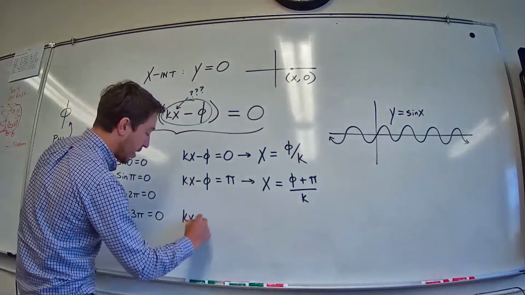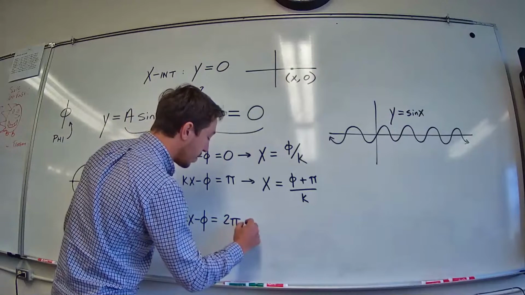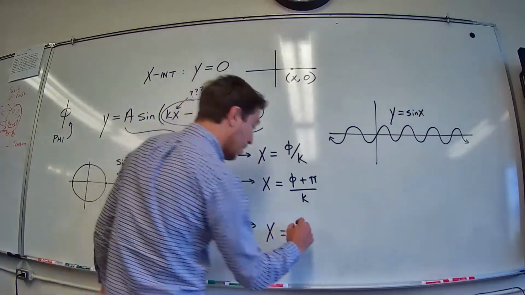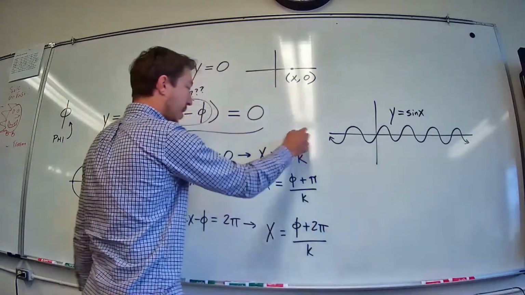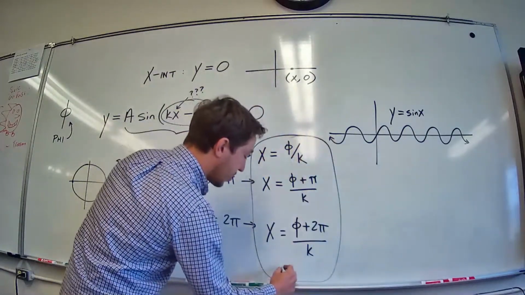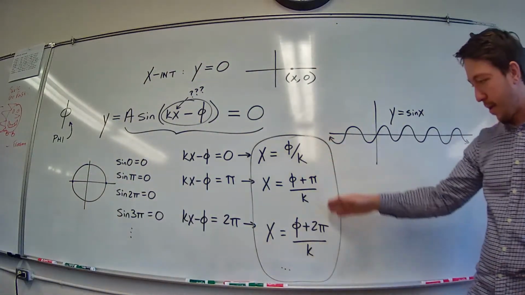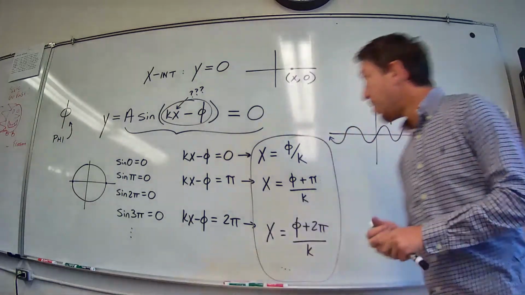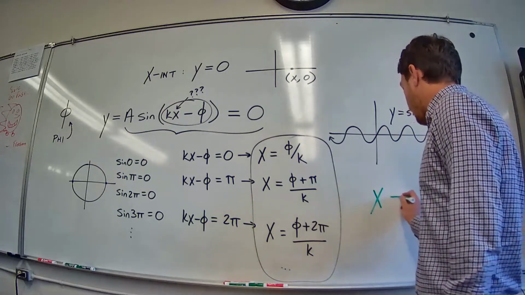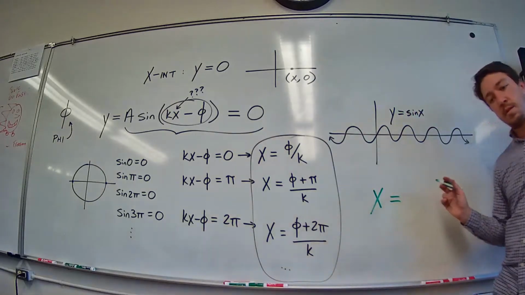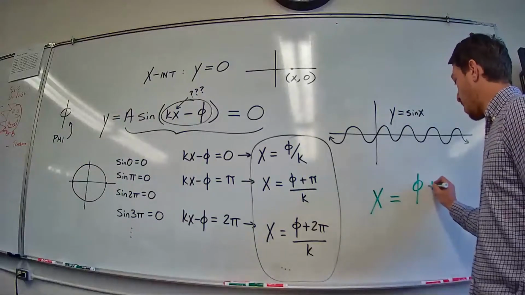What if you had kx minus phi equal 2 pi? Very good. And so this is a pretty nice way of writing the answer, dot, dot, dot. We can see the pattern, hopefully. If you wanted to just generalize this into one statement, maybe one of you guys can. Phi plus or minus pi n over k.